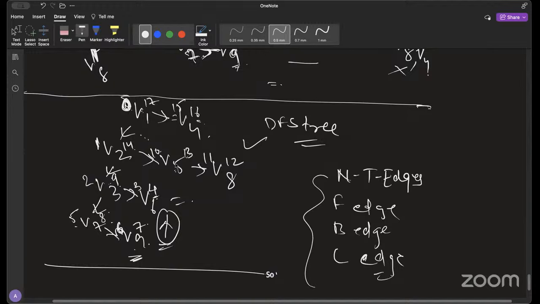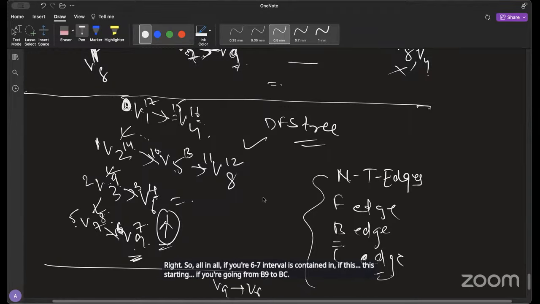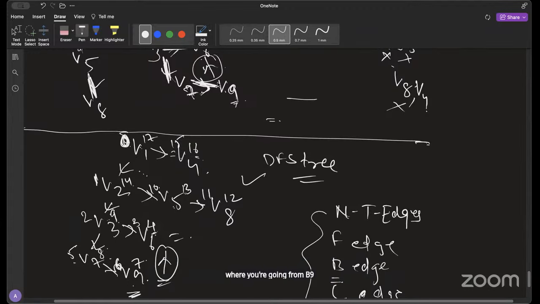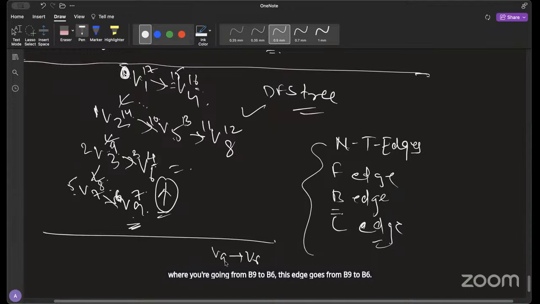So forward edge is basically where, as in this one, you have 6, 7, but 6, 7 is not contained in 3, 4. So all in all, if you're going from V9 to V6, this edge goes from V9 to V6.